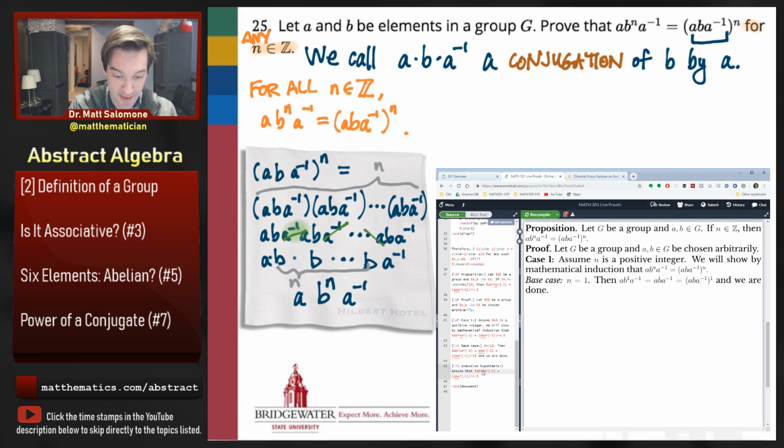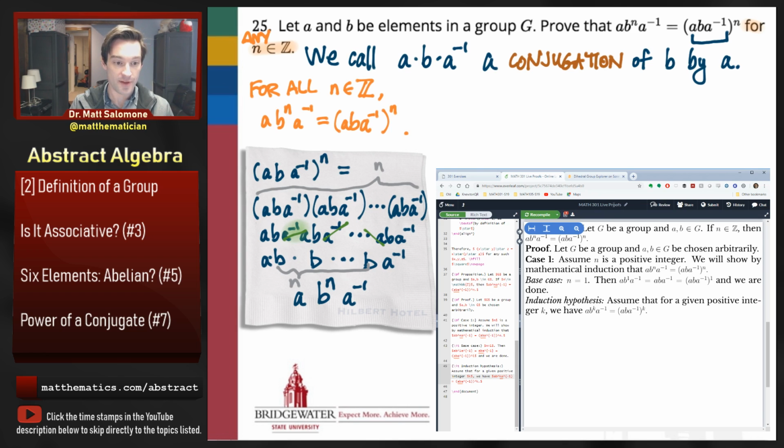And rather than use n here, I'm going to use k, just to avoid confusing the argument. Assume that for a given positive integer k, this equation holds with a k in that place. So assume that this is true. This is going to be something that we now want to use as part of our argument.